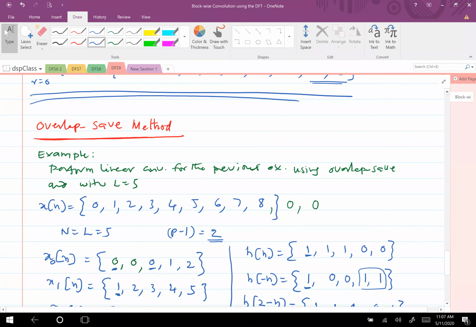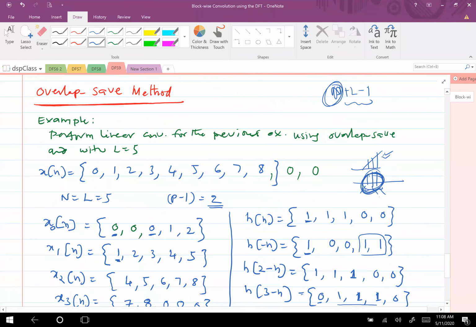This is based on a result from the last but one video, where if the length of the sequence is P plus L minus 1 and you are only doing a P-point DFT, the initial L minus 1 values would be corrupted. So while decomposing the signal, you take an overlap of, for example, L minus 1 between the blocks you are constructing, and you ignore the computation of those values at the beginning, since the corruption happens in the beginning of your sequence.